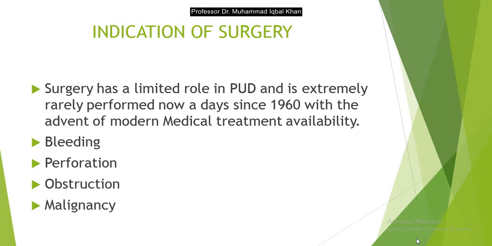So why am I always discussing him here in the lectures? Because anyone who has acid peptic symptoms, in their relatives, nearby, or their friends, they should do an endoscopy.